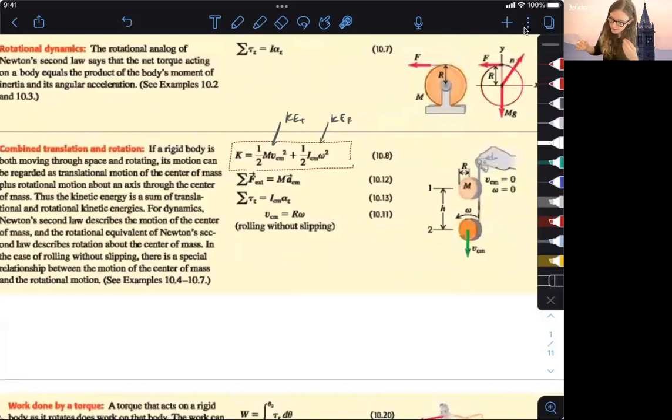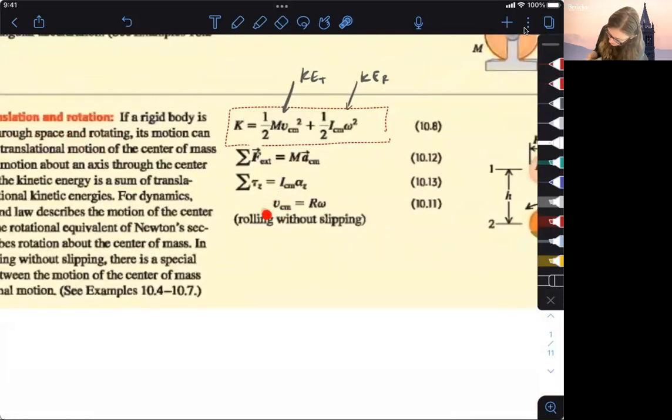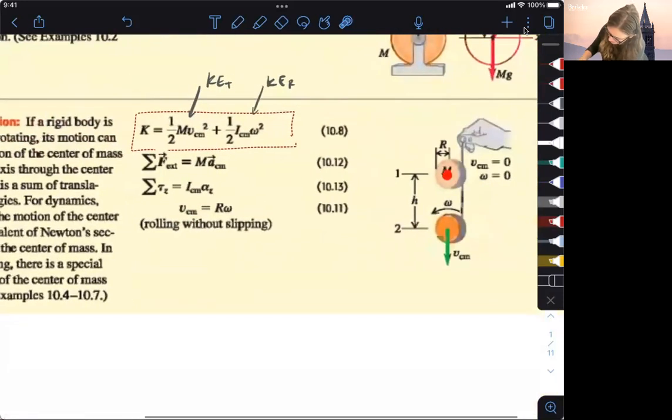But if the only thing affecting the linear velocity of that object is how much that object is spinning, then the velocity of the center of mass, measured from the center of the object, is equal to the radius of that spinning object times the angular velocity. That's the condition when we have rolling without slipping.